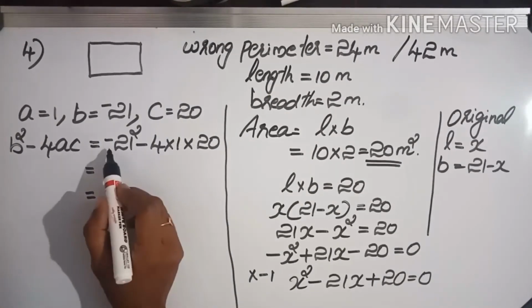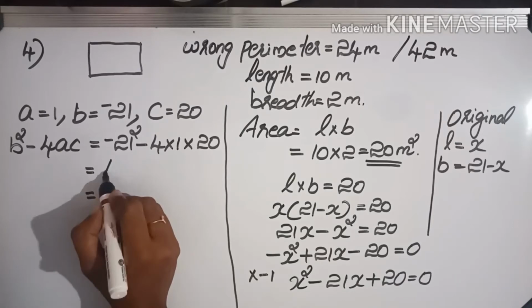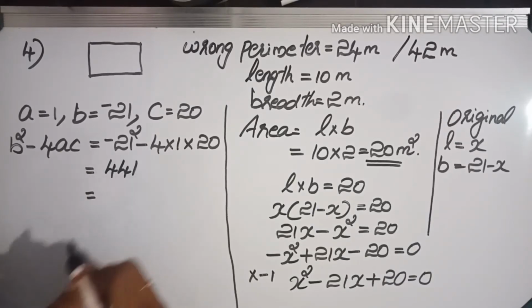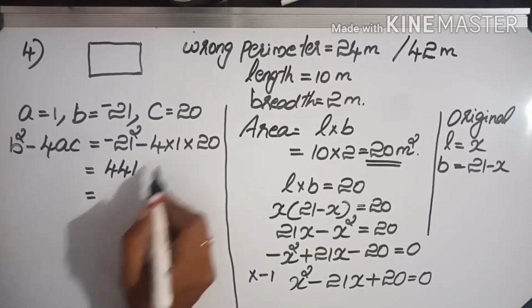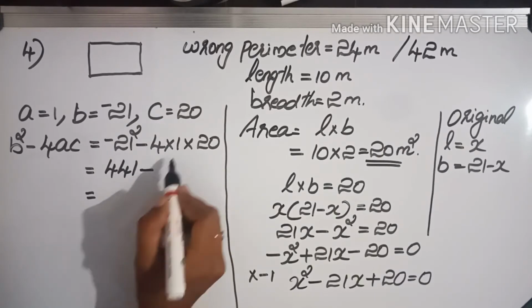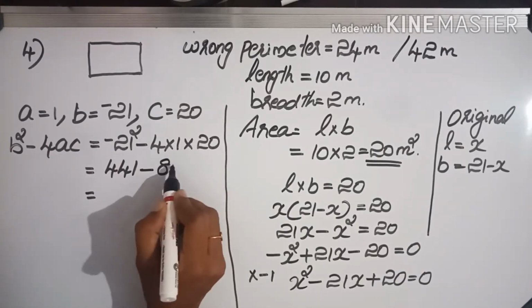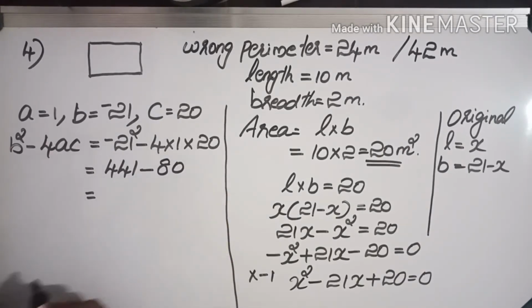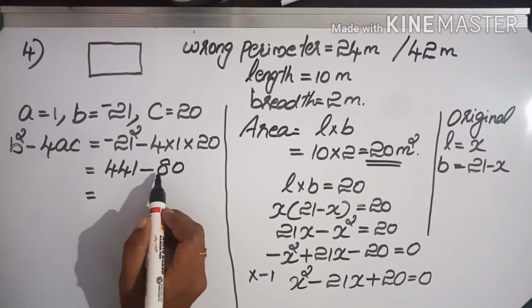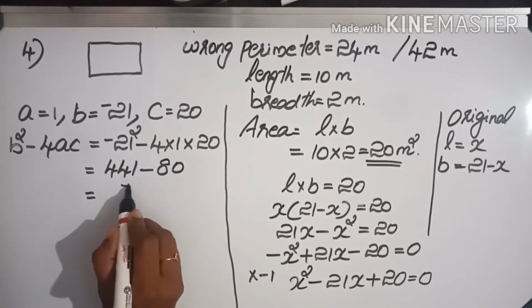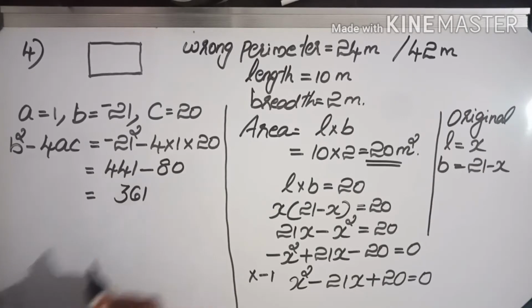Now minus 21 square is 441. Okay, negative will be positive. Now 4 into 20, so 80, 4 2s are 8, 80. Now 441 minus 80, answer is 361. So we got discriminant equal to 361.